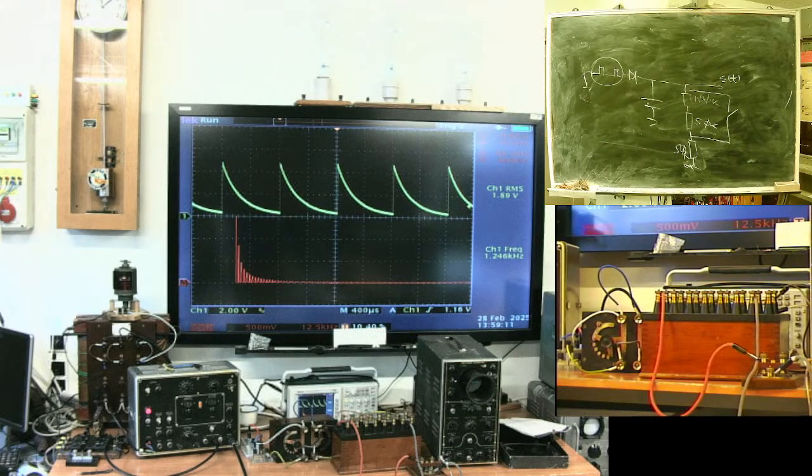So fast change in pulse leads to a long spectrum, which means more high frequency components.